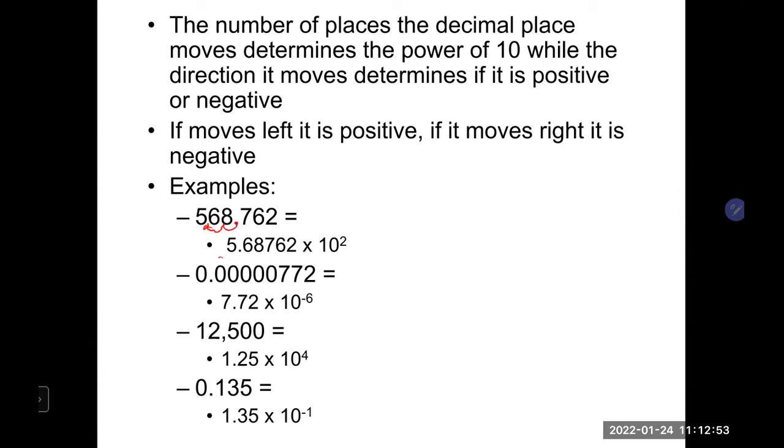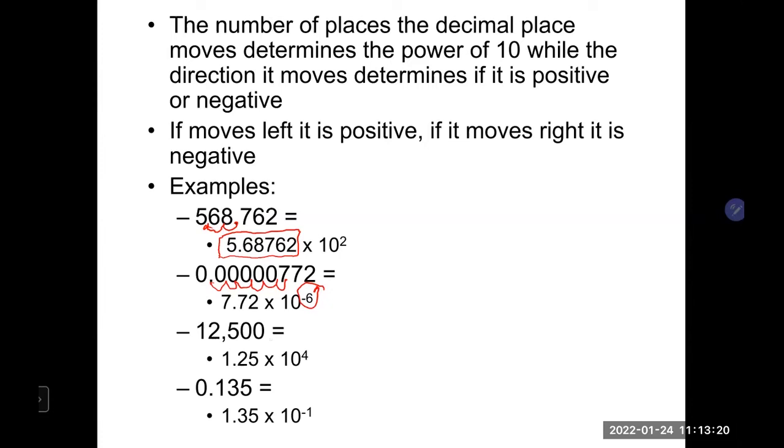That gives me 5.68762 times 10 to the 2. Here we would want to move the decimal place to the right, 1, 2, 3, 4, 5, 6 places. Again, it's a small number, which means we're going to end up with a negative exponent, and we end up with 7.72 times 10 to the minus 6.